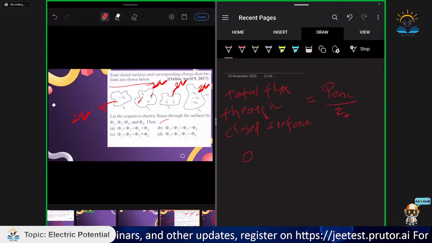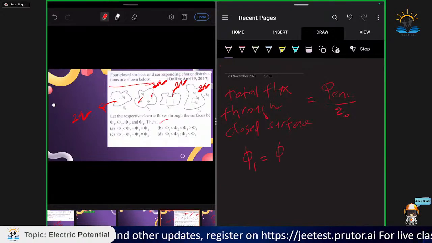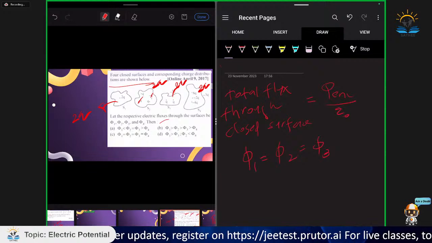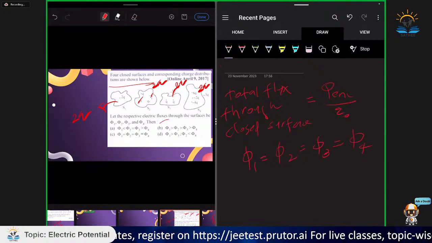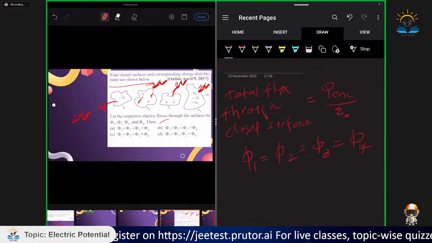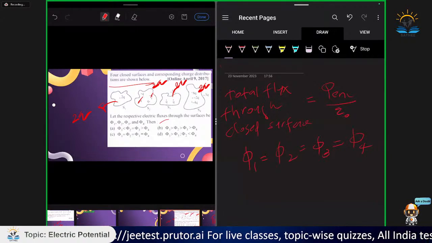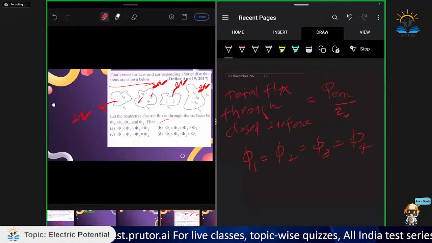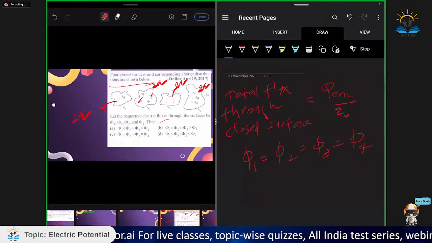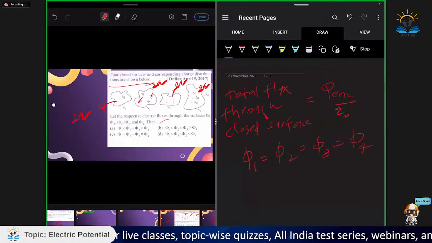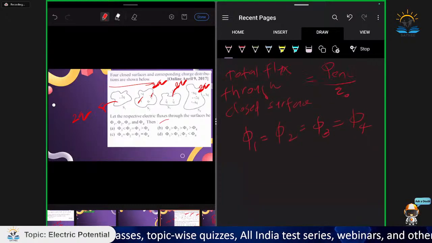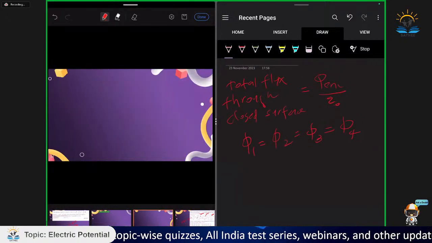So the total flux will also be the same: phi 1 equals phi 2 equals phi 3 equals phi 4. Easy.